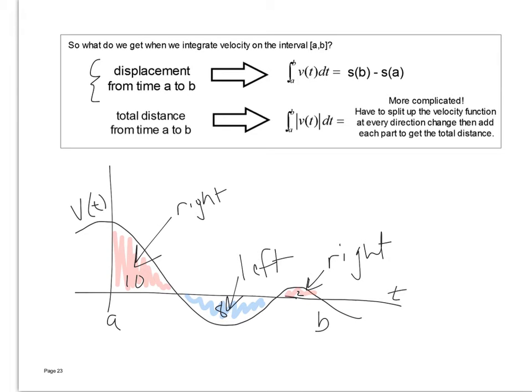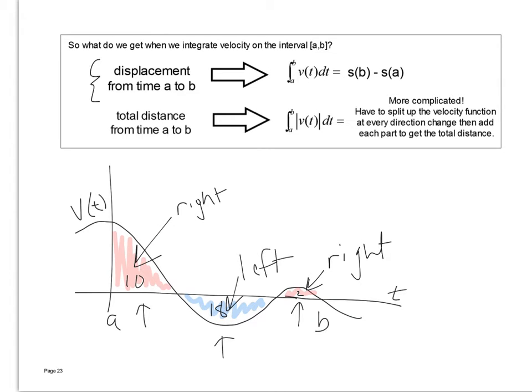The particle moved 10, 12 forward to the right and 8 backwards to the left, so they've moved 4 total.